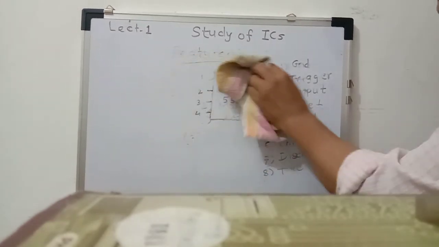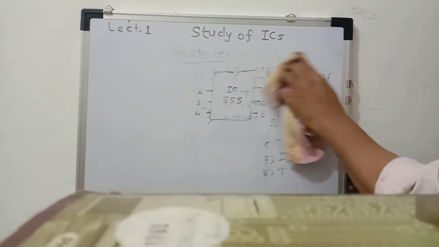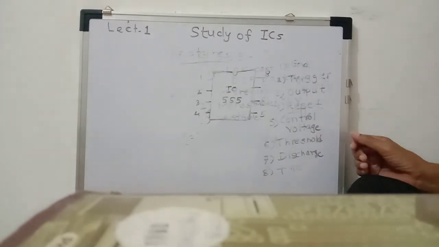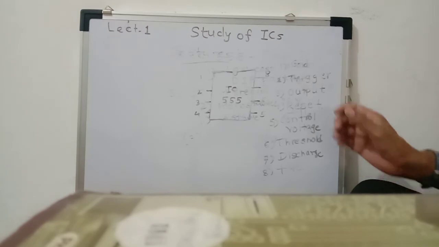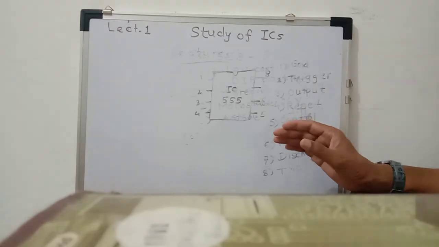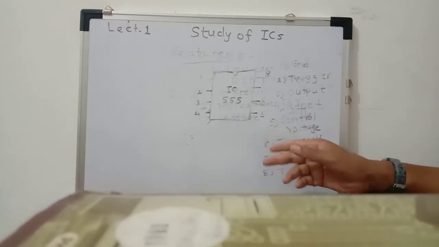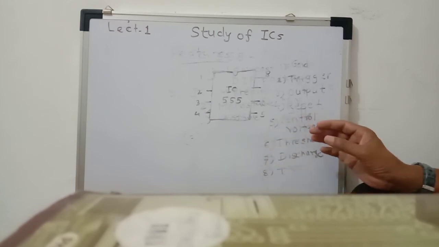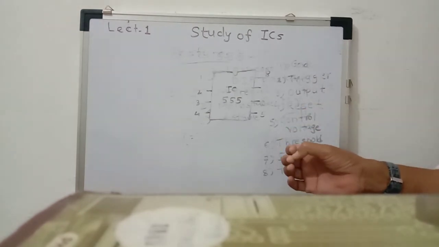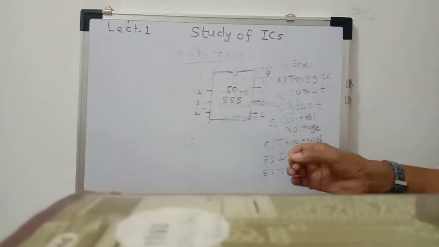So what we have studied, first we have studied the introduction. IC555 is a low cost timer IC. A timer circuit is used to control the on and off of a device for our desired time. We can set the time delay to turn on and off the device.